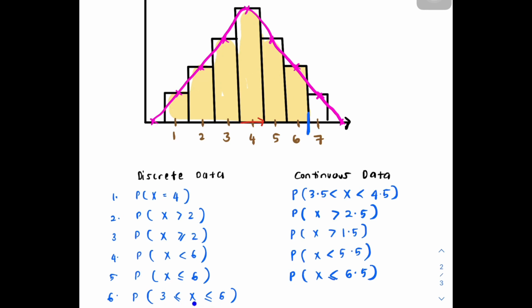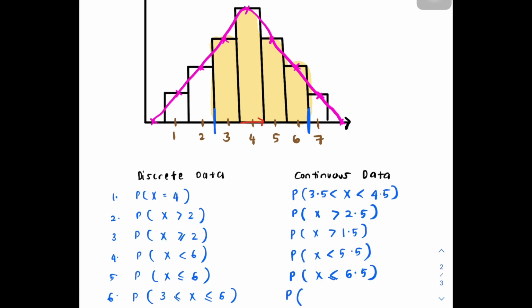Let's say you have an in-between number. X is from 3 up until 6. So 3 up until 6 means you have bar number 3 up until bar number 6. So this is the bar covered: 3, 4, 5 and 6. So 4 values are covered for discrete. But for continuous, it actually starts from this value up until this value.